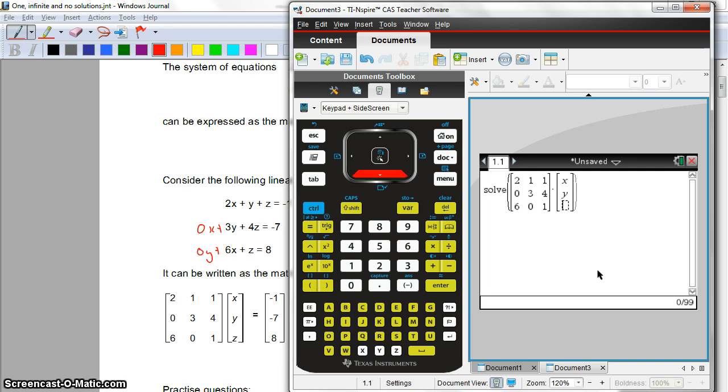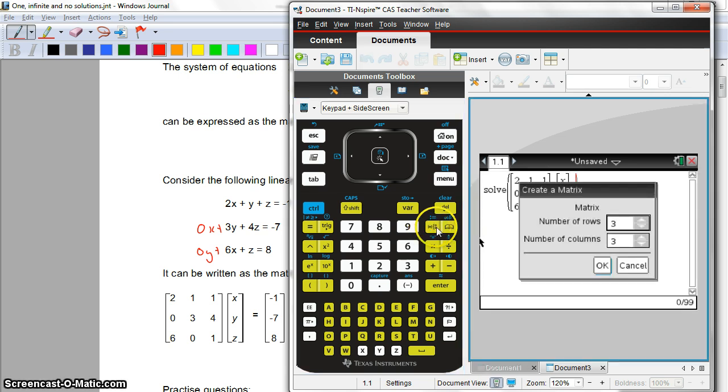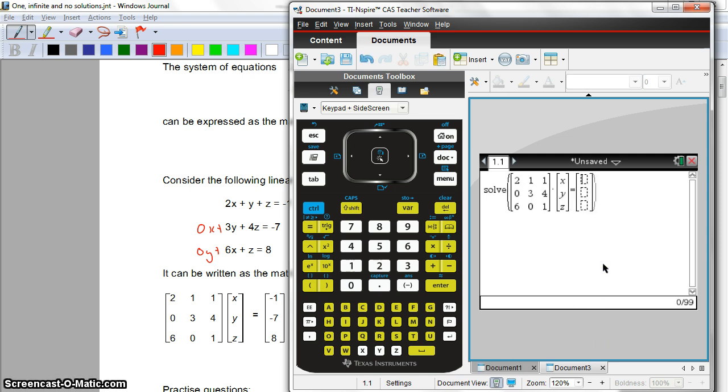So I need x, y, and z, and that equals another matrix with 1 column: negative 1, negative 7, and 8. I'll say solve for x, please, and it tells me x is 1, y is negative 5, and z is 2. You could prove that by solving it the old-fashioned way, solve 2x plus y plus z equals negative 1, and so on. But I don't want to do all that. You can do that in your own time if you want to prove it.